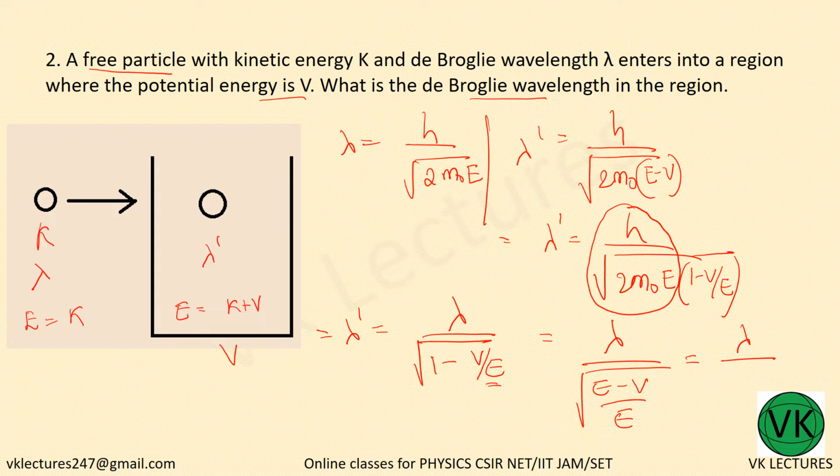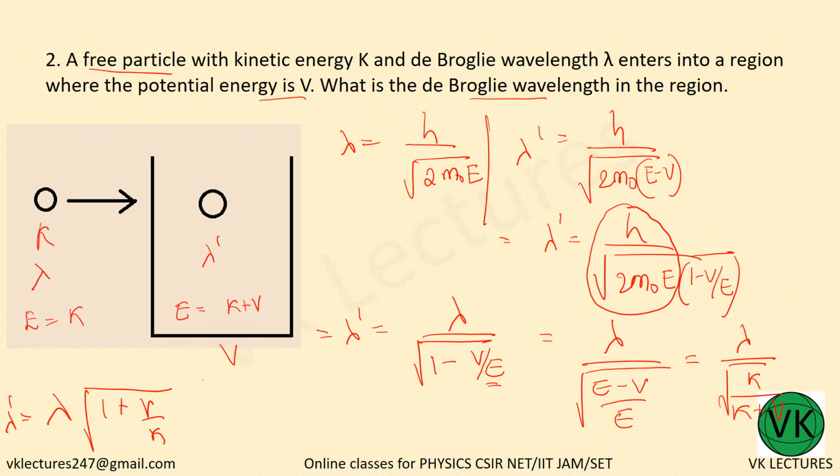K, under root K divided by K plus V. Again we can simplify. Lambda into under root, this will become numerator, so K plus V divided by K, that is 1 plus V divided by K. So this is lambda dash.